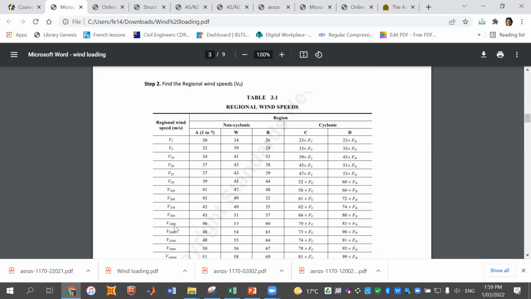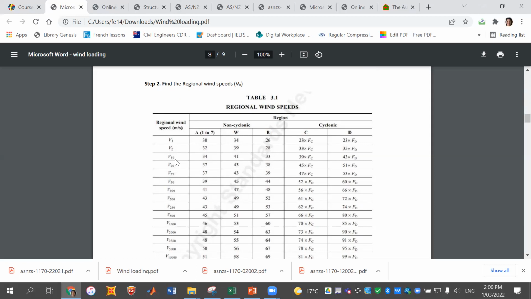But for a normal building, we may just consider V100, which means the velocity of the wind which happens every 100 years, every century.